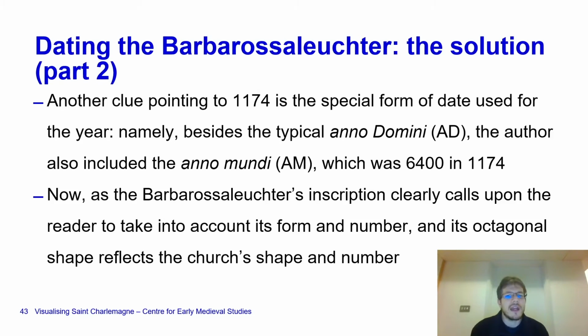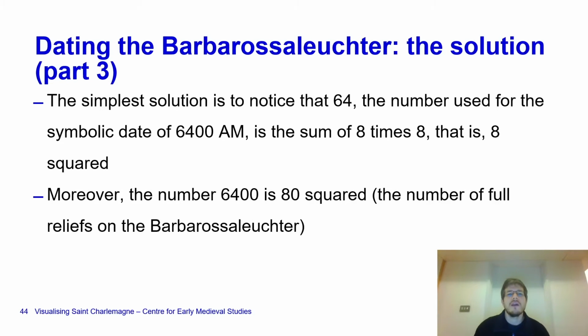Now, as the Barbarossaleuchter's inscription clearly calls upon the reader to take into account its form and number, and its octagonal shape reflects the church's shape and number, we can see that this number is not just a curiosity. The simplest solution is to notice that 64, the number used for the symbolic date of 6400 Anno Mundi, is the sum of 8 times 8, that is 8 squared.